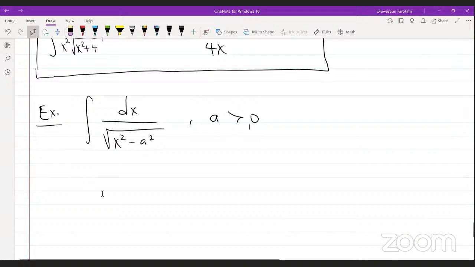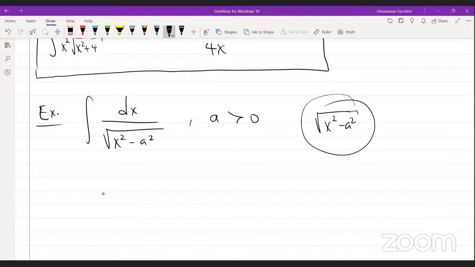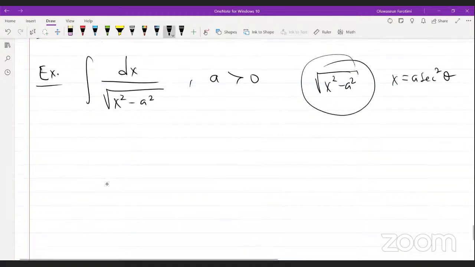What do we do? Now, take a look at this form. Remember, this is the expression. Whenever you have this sort of expression, what kind of substitution do you make? You make x equals a secant of theta. Not secant squared, my bad.